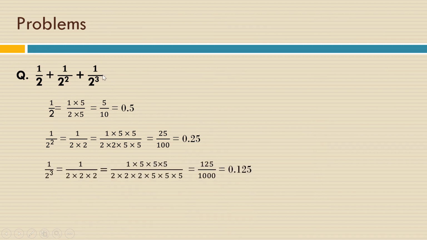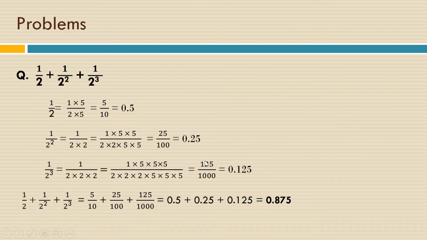Next is 1 by 2 cube equal to 1 by 2 into 2 into 2. Here 3 2's. We want 3 5's to make the denominator a power of 10. So multiply numerator and denominator by 5 into 5 into 5.